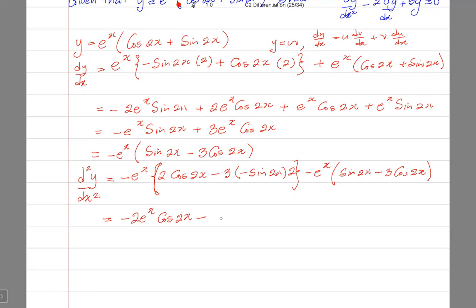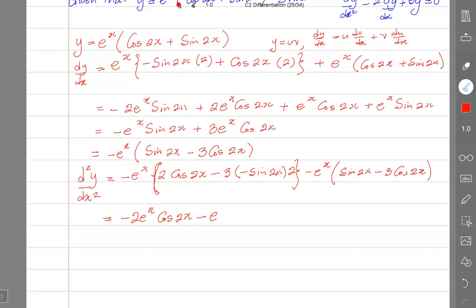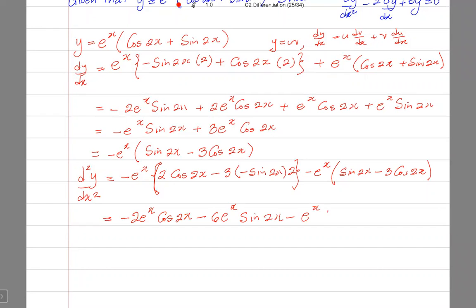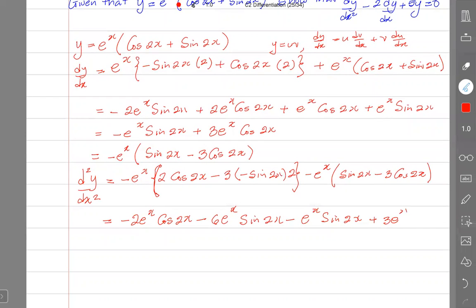So this is negative 6e to the x, minus 6e to the x sine 2x, minus e to the x sine 2x plus 3e to the x cosine of 2x.